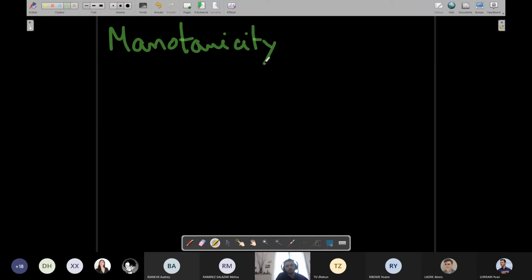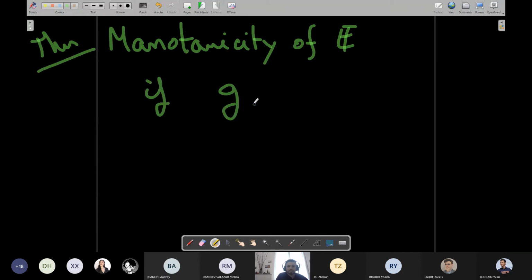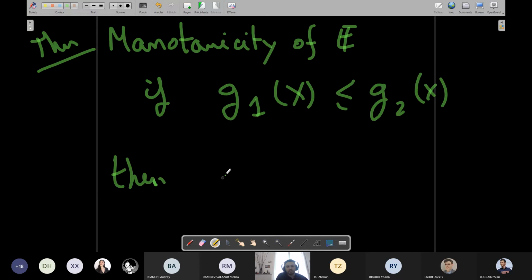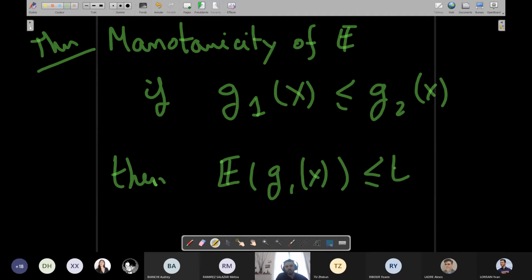This is a theorem: if g1 of x is smaller than g2 of x, then the expectation of g1 of x is smaller than the expectation of g2 of x. That's the monotonicity of E. If you pass from this line to this line, you just take the expectation and it preserves the inequalities.